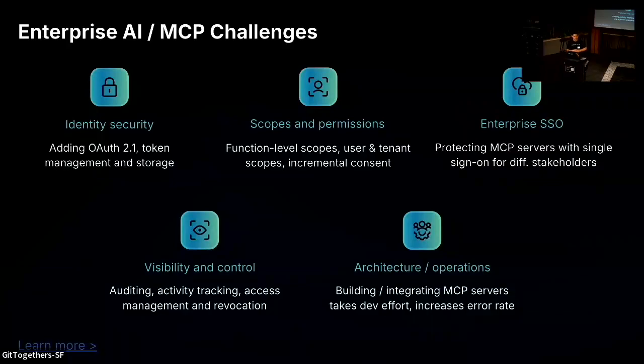And so an enterprise that doesn't have their own auth system typically outsources this to a vendor like us or Auth0, WorkOS. You've probably heard of these companies before as well.